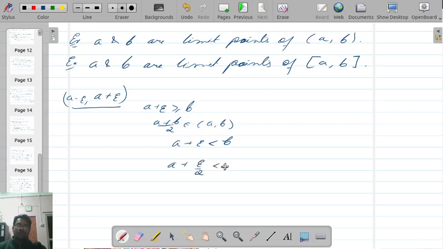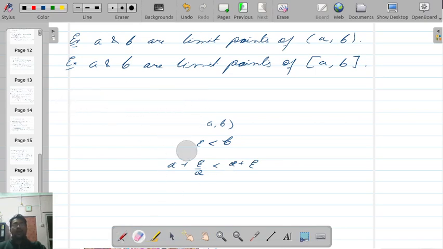This will be a point which is less than a plus epsilon, so it will lie inside the neighborhood and also inside the set (a,b). So that way we can manage. I think you can try this at home, and we will discuss some more aspects in the next class.